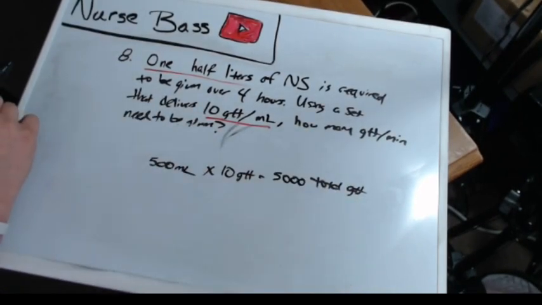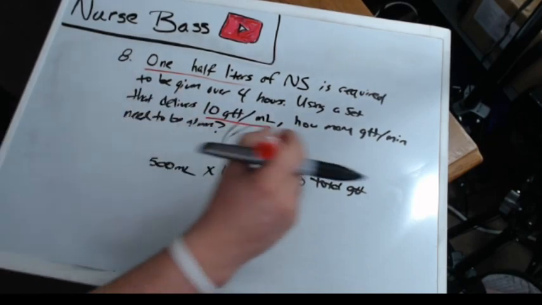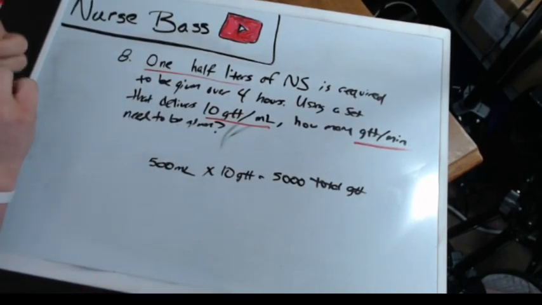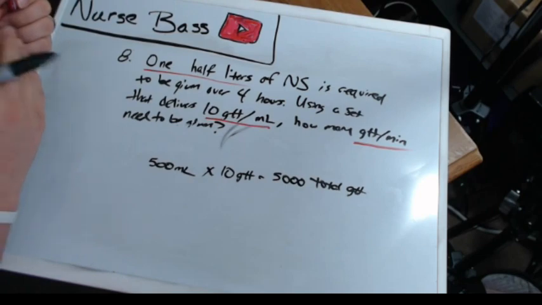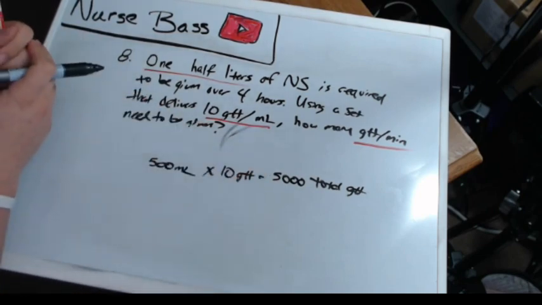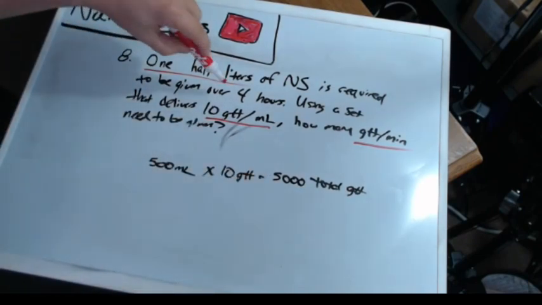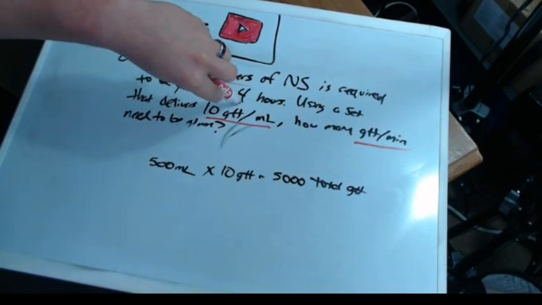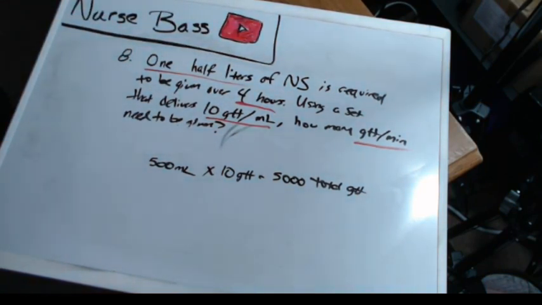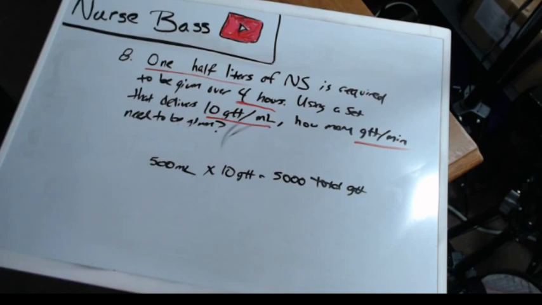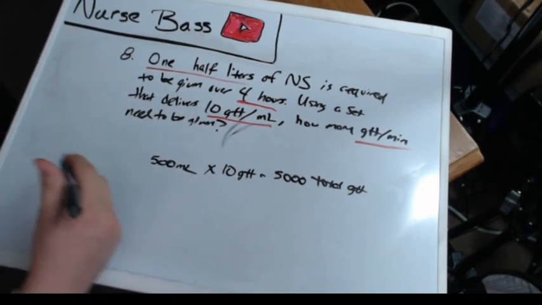All right? How many drops per minute? Again, drip rates, they're in drops per minute. However, our time frame is not given to us in minutes, it's given to us in hours. So we need to convert 4 hours into minutes.